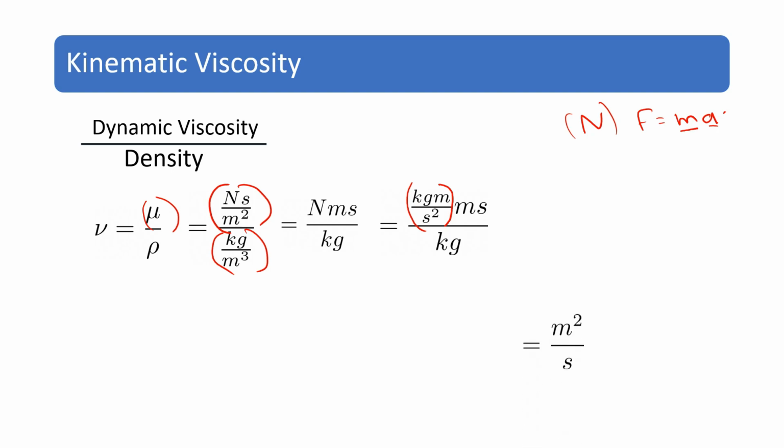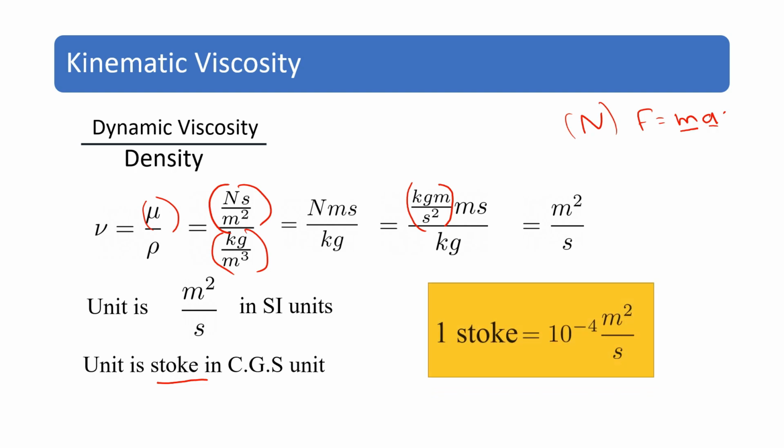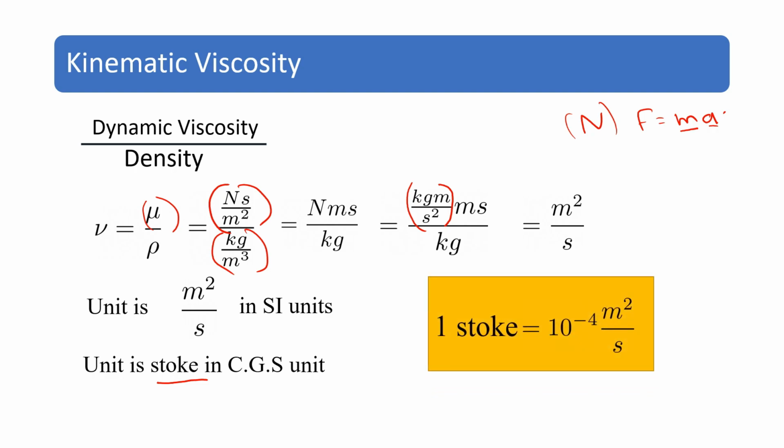So if you simplify it, you will get meter square by second. So the unit of kinematic viscosity is meter square by second in SI unit, and in CGS unit the unit is stoke, and 1 stoke is equal to 10 raised to minus 4 meter square by second.